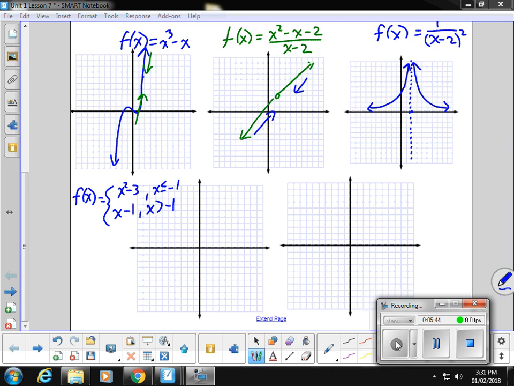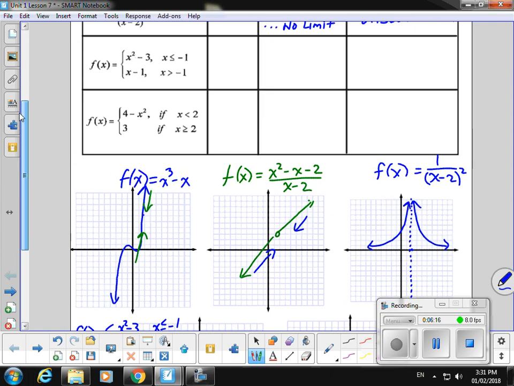So let me just fill this in here for a second. There is that curve with my transformational thinking. x minus 1, so it does that towards the right. This is continuous. It is defined for all of those values.